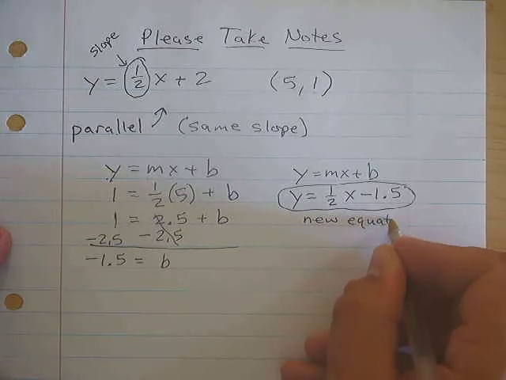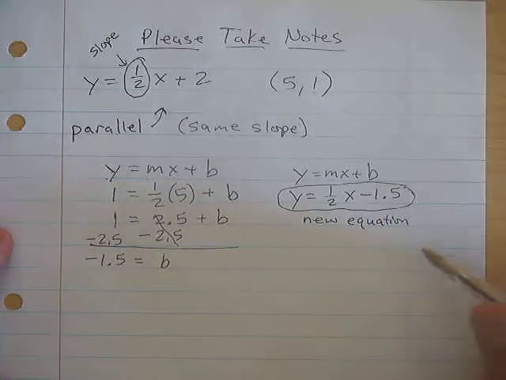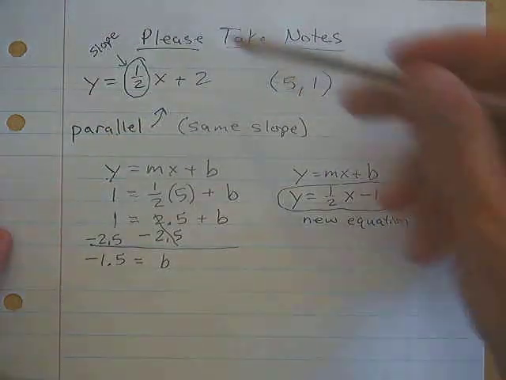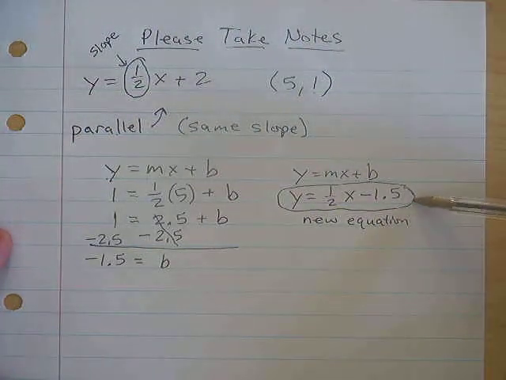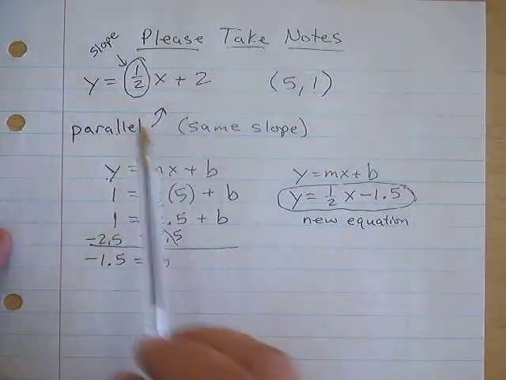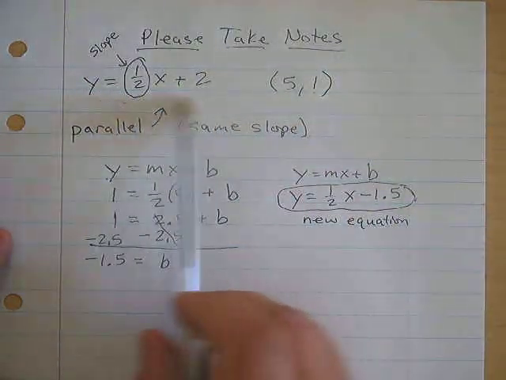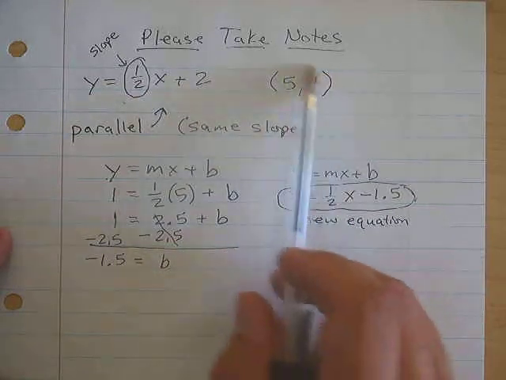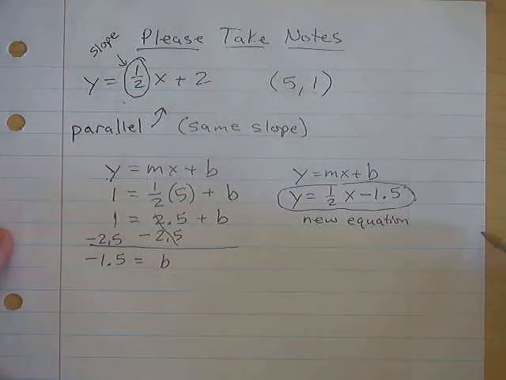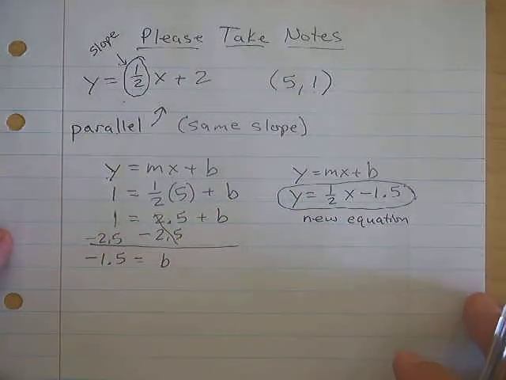So this is going to be my new equation. So based on solving this, I know that this equation, y equals 1/2 x minus 1.5, is parallel to this equation up here, and it goes through this point right here.